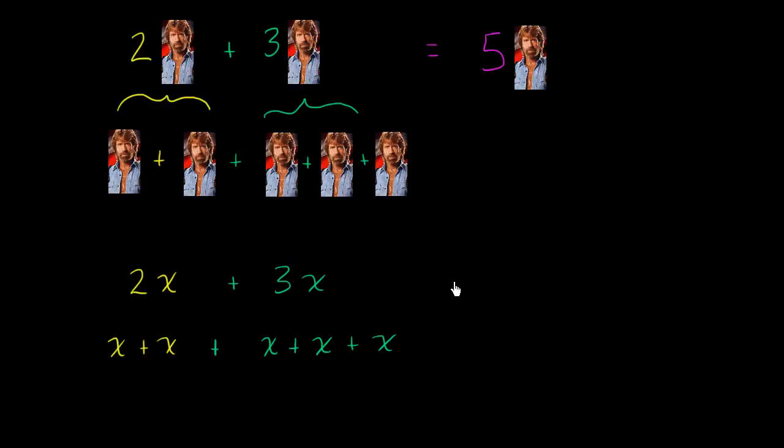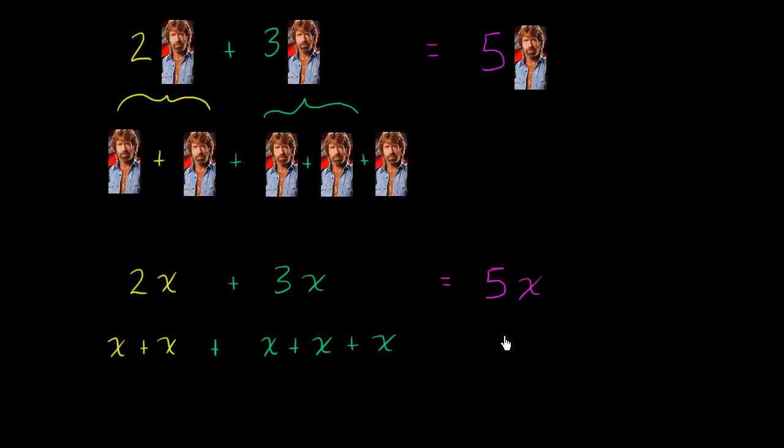So 2x plus 3x is equal to 5x. And if you think about it, all we really did, and hopefully you conceptually get it, is we just added the 2 numbers that were multiplying the x. These numbers, the 2 or the 3, are called coefficients. Very fancy word, but it's just this constant number, this regular number that's multiplied by the variable. You just added the 2 and the 3 to get your 5x.